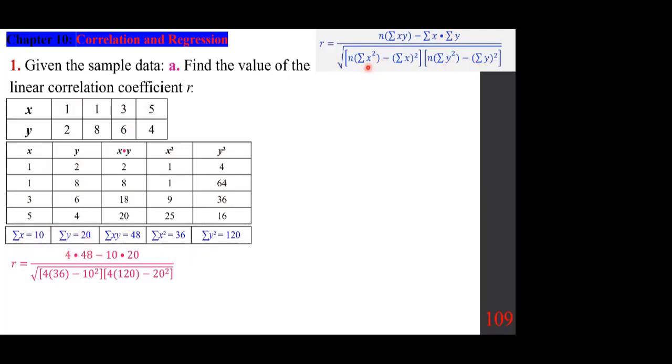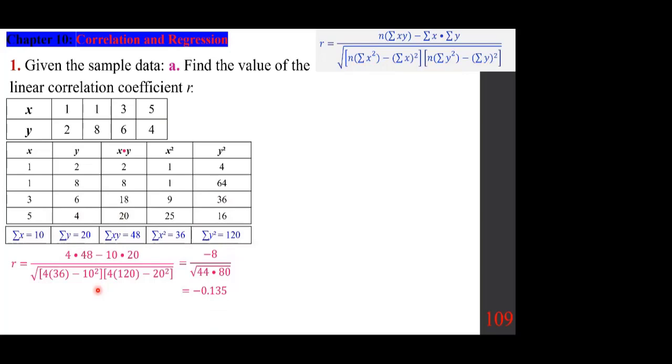We do the same thing for the denominator. We pay attention to n, again, is 4. Summation of x squared is 36. And you can look at the rest. Plug in, again, this table, and all the sums will help us get to r. We come up with negative 0.135.